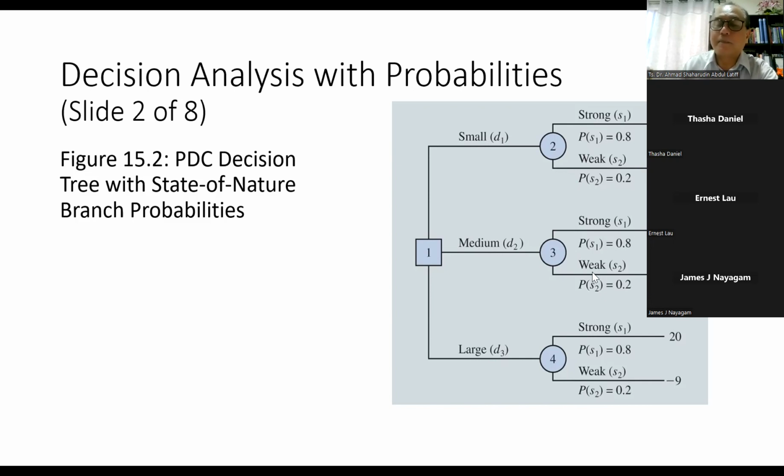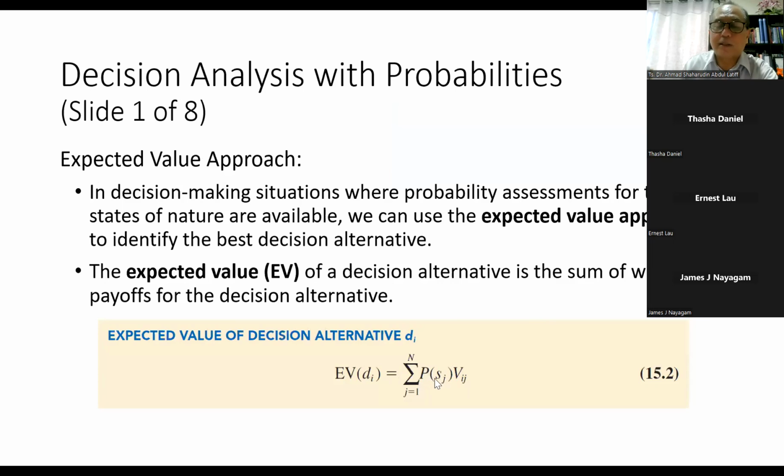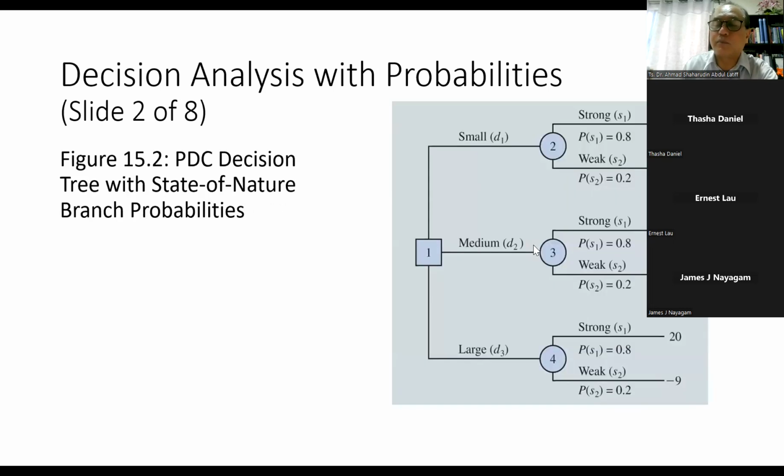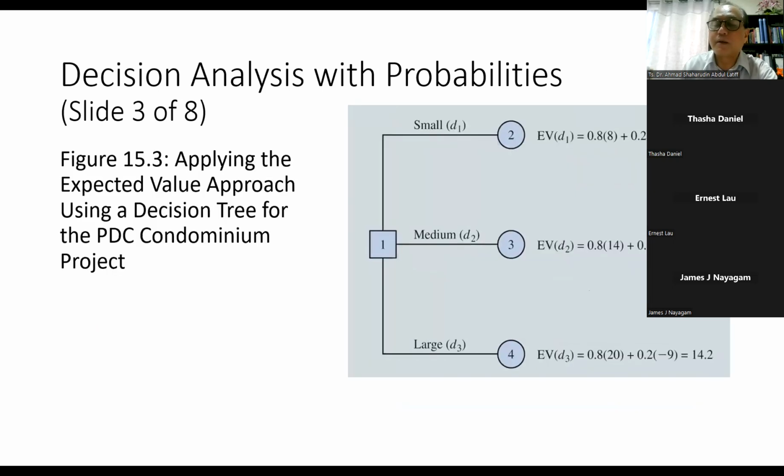So they will calculate. The formula is to multiply the probability times the value, the payoff. So you have an expected value approach, multiplying the probability by the value. The expected value for decision alternative 1, which is to build 30 condominiums, is weighted.